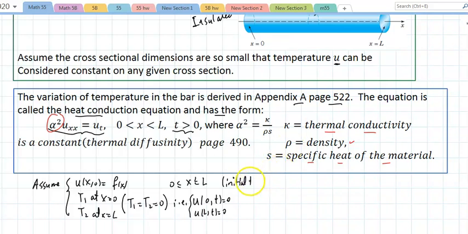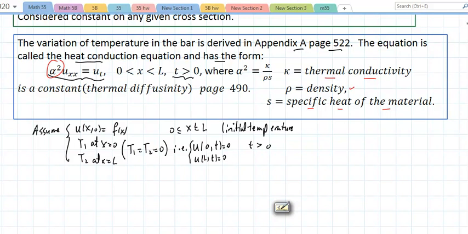And these are the assumptions. We know that t is always positive, right? And what I'm really looking at now is, if this is t and this is x, we're running between 0 and some L. So we're looking over this region.